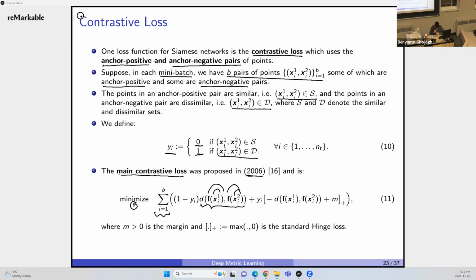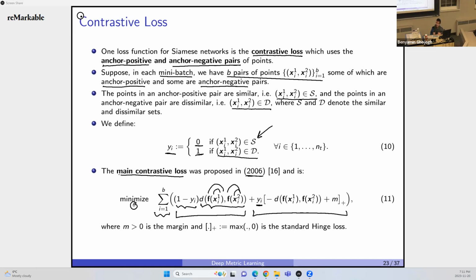And then 1 minus y_i, when is it 1? When y_i is 0, so when they are similar. And also here, I have y_i. Basically, it means that whenever I have anchor and positive, I will have the first term. Whenever I have anchor and negative, I will have the second term. So far clear?